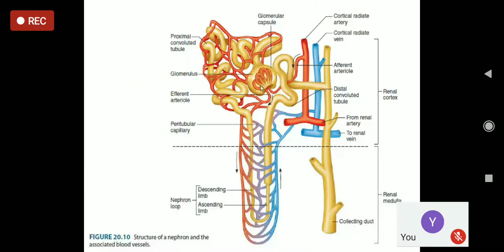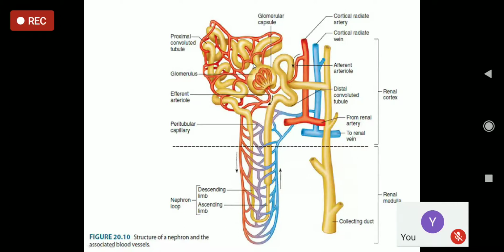Now here we are showing the structural and functional unit of the kidney, that is a nephron. The nephron has two main portions. One is the Malpighian corpuscle, another is the tubule.